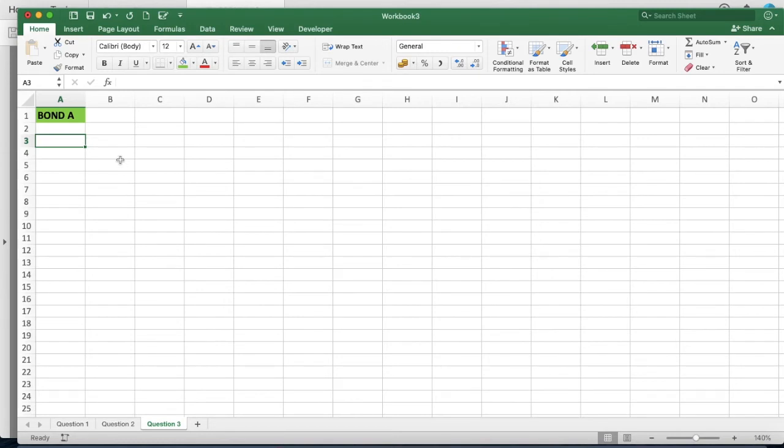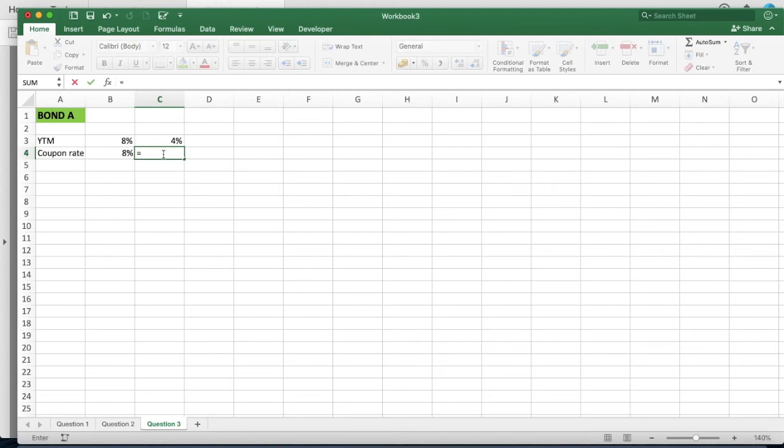Okay, so we have a yield to maturity. Annual one is 8%. That should be converted into semi-annual one by dividing the annual one by 2. Then we have a coupon rate. The annual one is equal to 8% also.